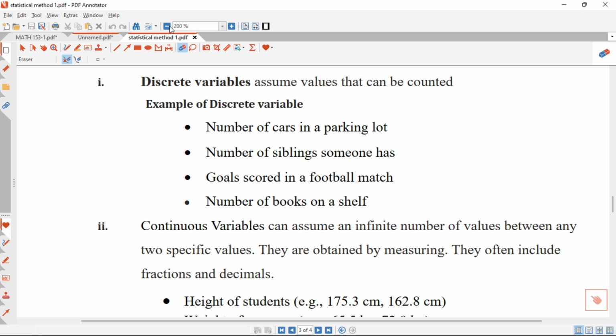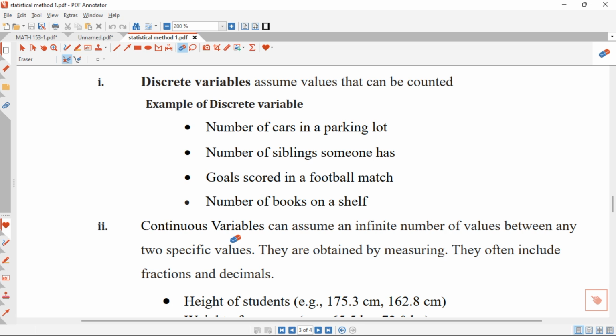Discrete variables. And then we have what we call continuous variables. Continuous variables can assume an infinite number of values between any specific values. These variables are usually measured, right? They lie between certain intervals. For continuous variables, we usually measure them.